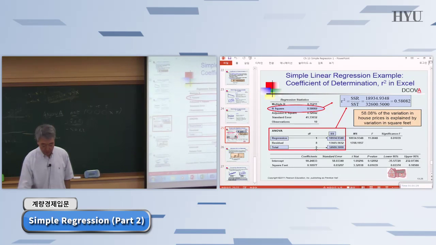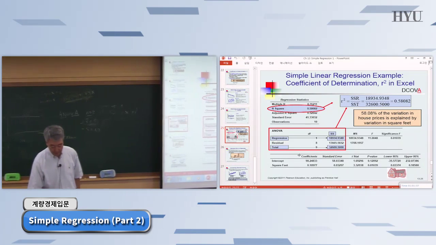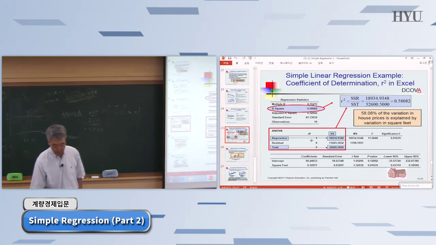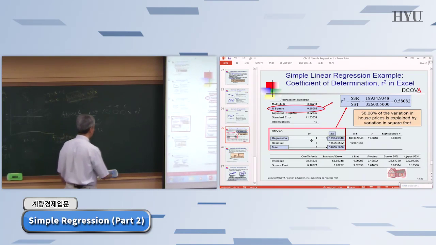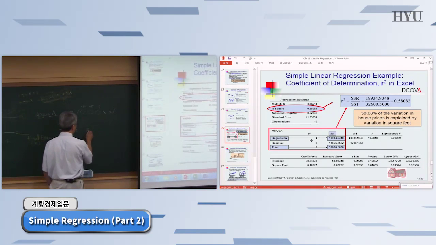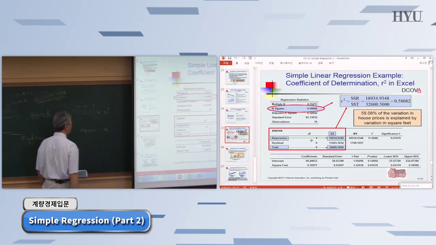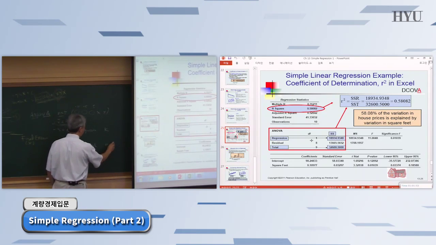The total degrees of freedom is always n minus 1. So degrees of freedom for regression is K. Total is n minus 1.